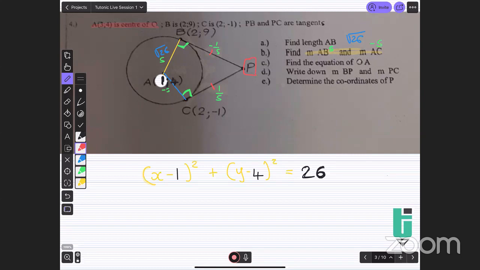Another way is you could equate the gradients, because there are two ways. P is the same point, so you can say (y minus 1) over (x minus 2) equals a fifth, and (y minus 9) over (x minus 2) equals minus a fifth.